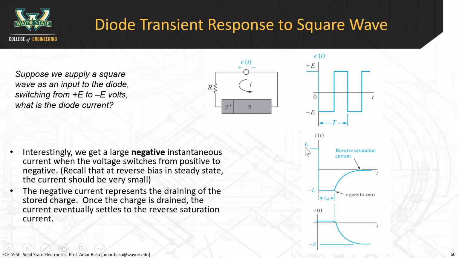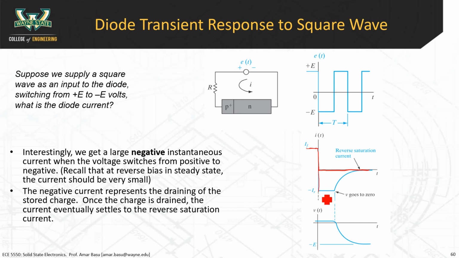This is interesting. What you would think is that the current should just go to 0 like this. If you apply negative voltage to the diode, it should just have a small negative current. But instead, it actually goes negative like this.